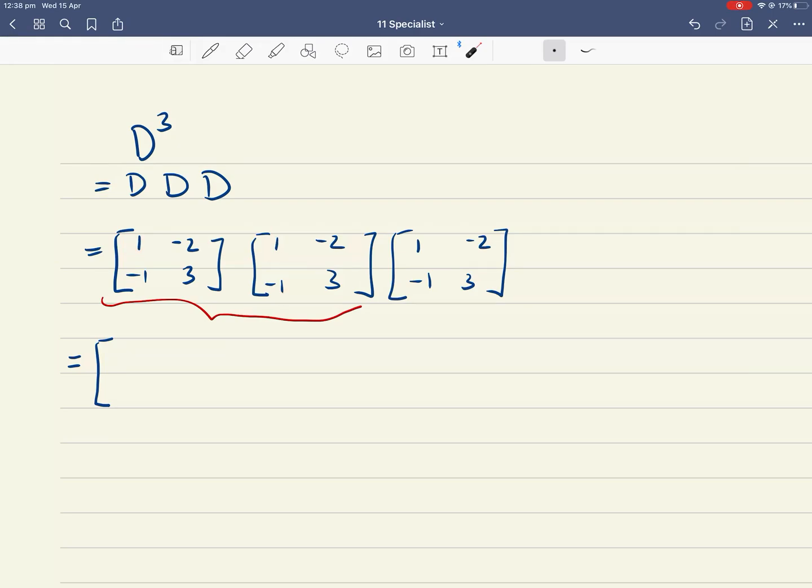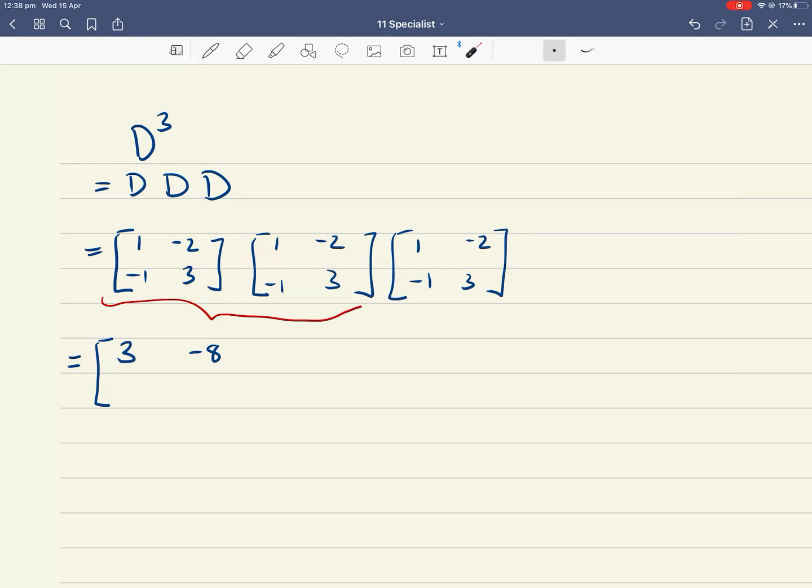So let's do row 1 by column 1. So 1 times 1 is 1, plus -2 times -1 is +2. So 1 plus 2 gives me 3. Row 1, column 2: -2 and -6 gives me -8.